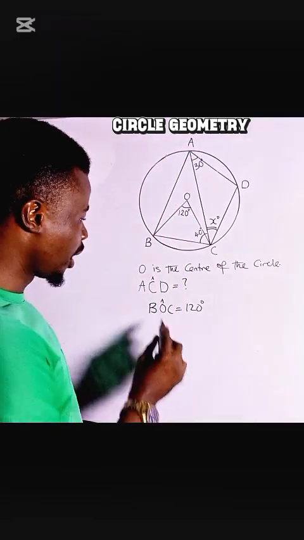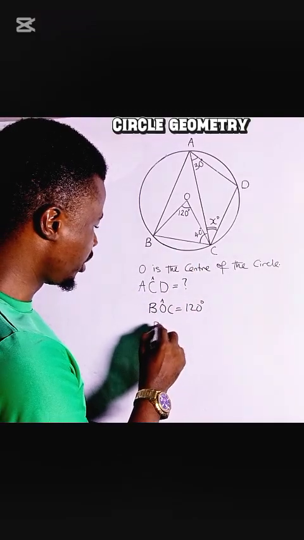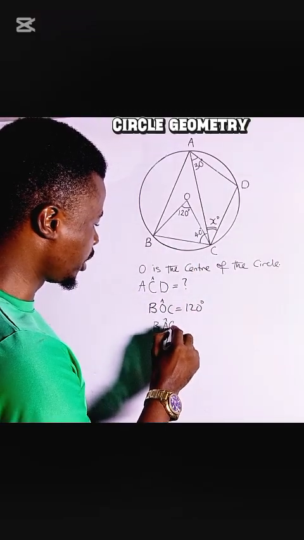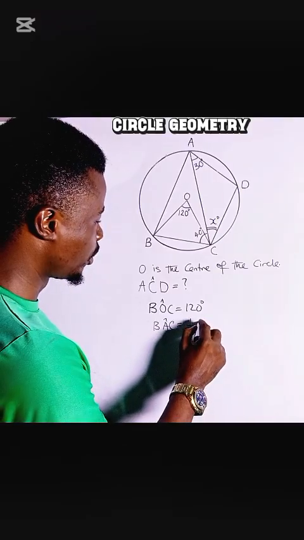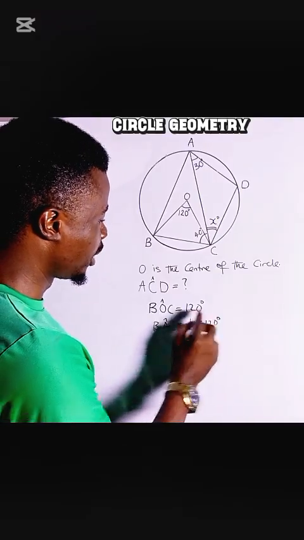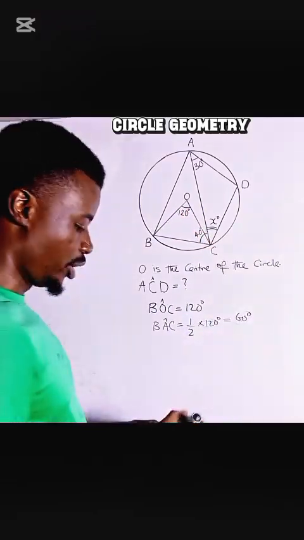So what does it mean? If BOC is the angle at the center, therefore BAC is equal to half of 120 degrees. That is half of the angle at the center, which is 60 degrees.